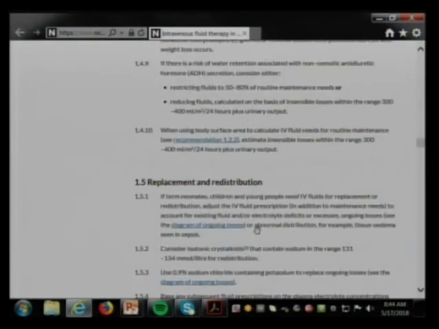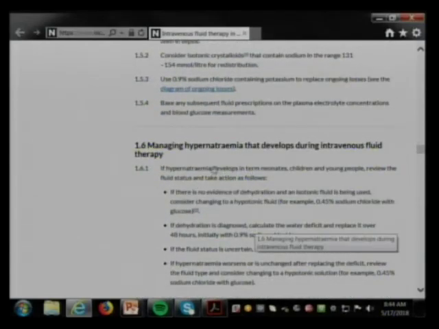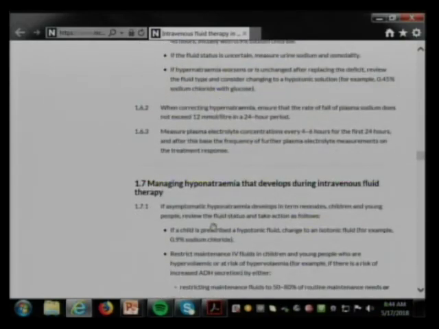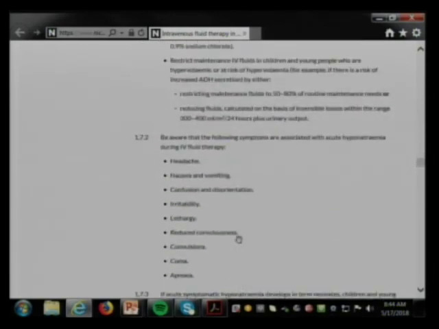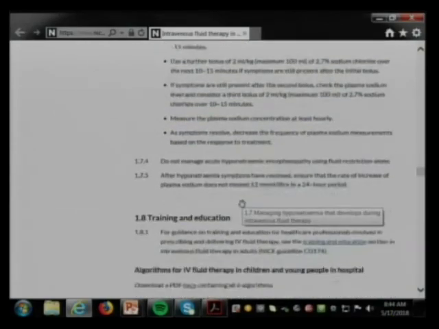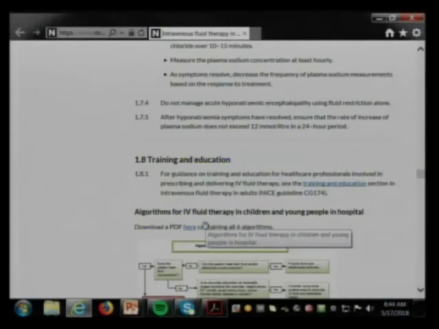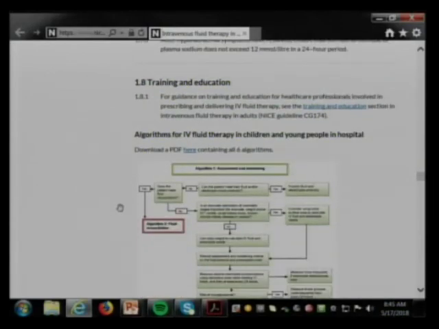Let's see. Gives you recommendations on replacement and redistribution, managing hyponatremia that develops during IV fluid, how to monitor for symptoms of hyponatremia, and then training and education. So it gives algorithms too.